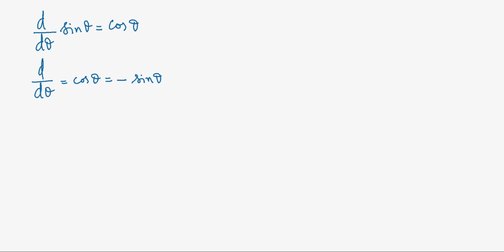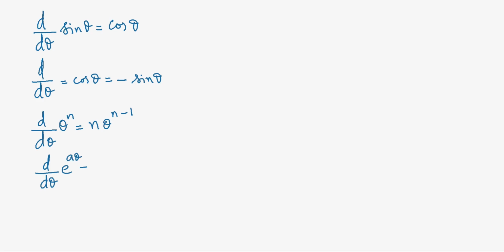There are other basic things. d by d theta of theta power n will be n theta power n minus 1.